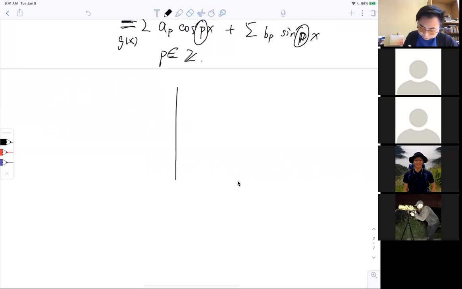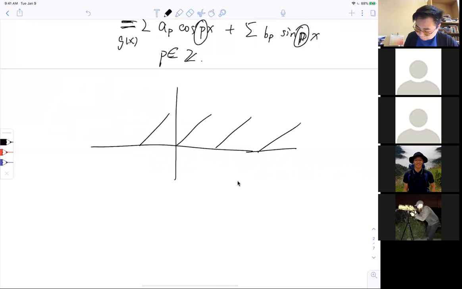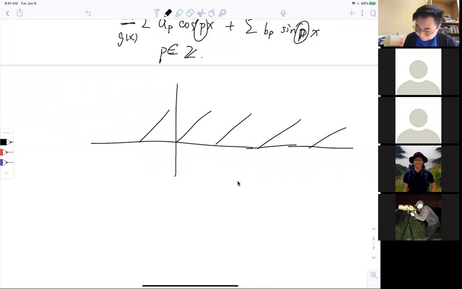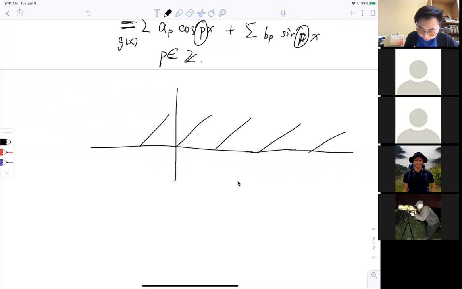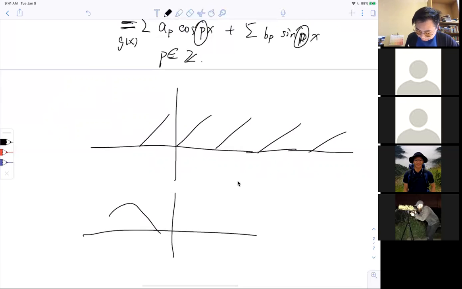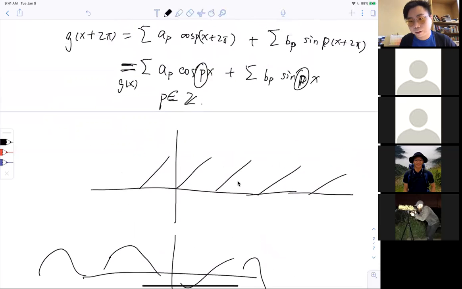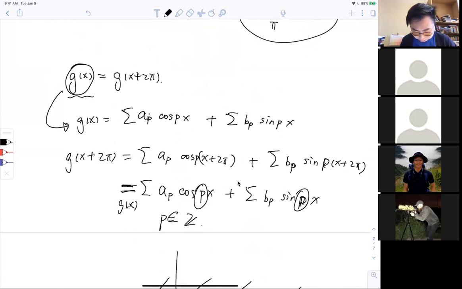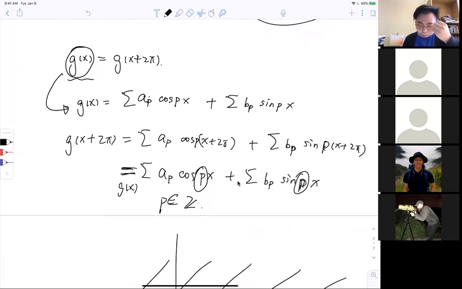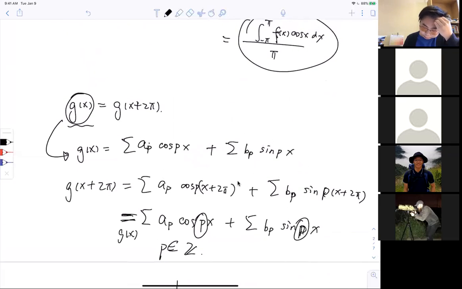In general, you just need to draw the graph. If some pattern repeats itself, then it's periodic. Yeah, I'm not sure what else we can say beyond that.